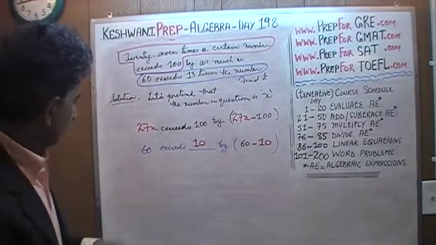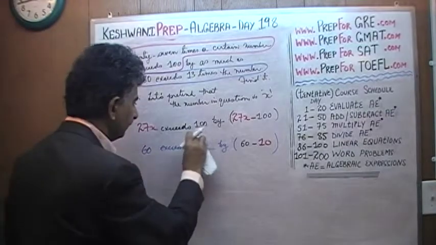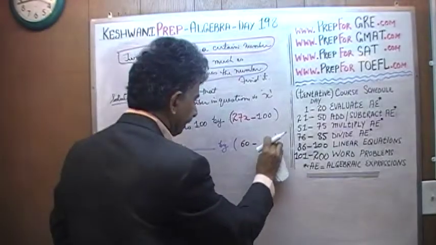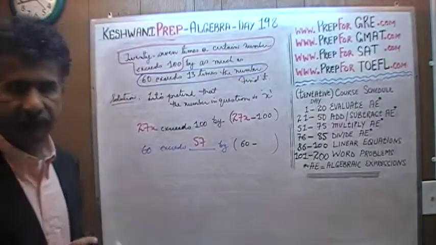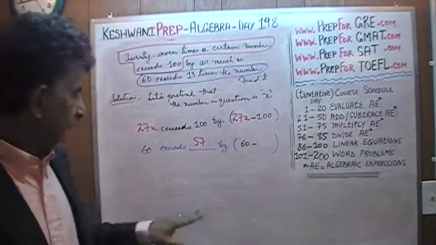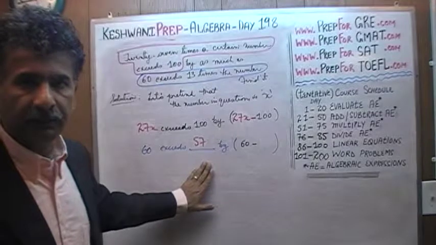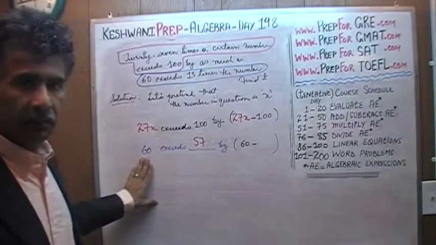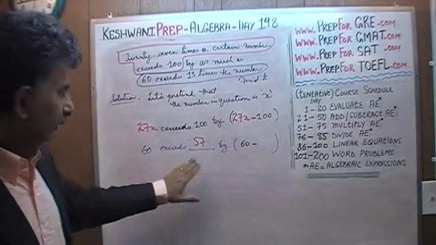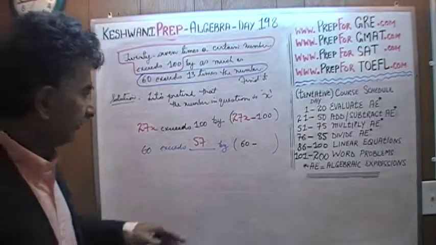So one more. 60 exceeds 57 by how much? 60 exceeds 57 by 3. How did we find it? By taking the 60 and subtracting from it this quantity 57.